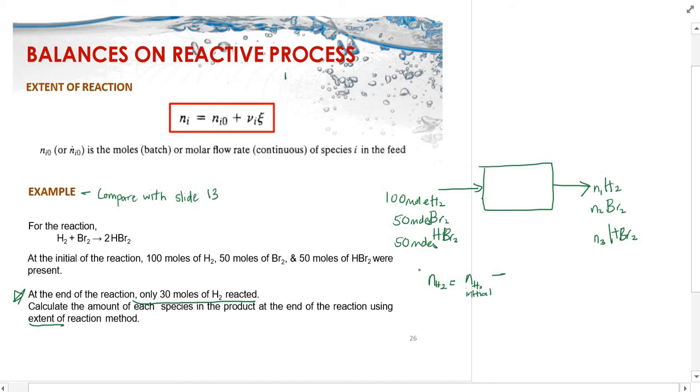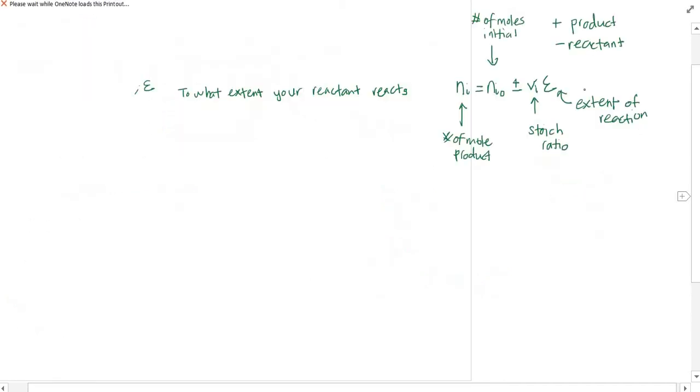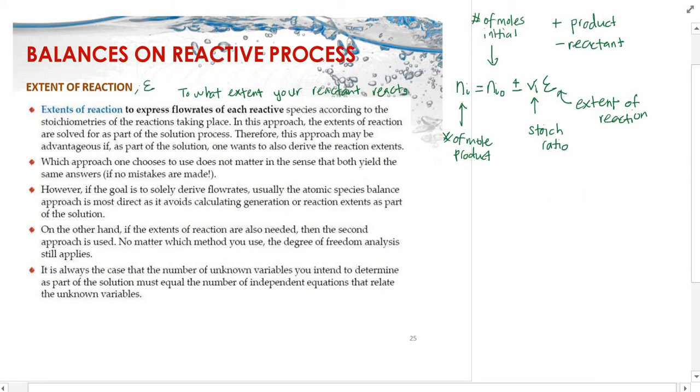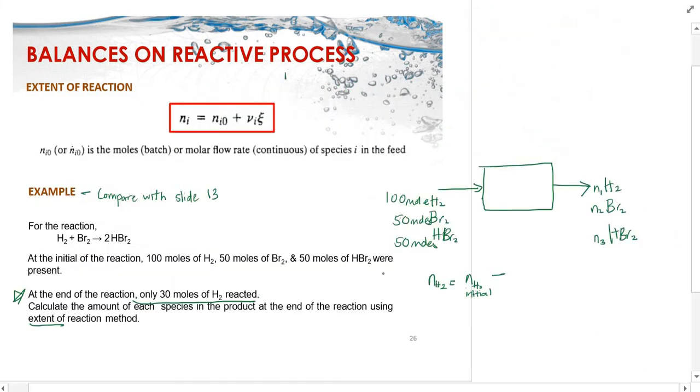Minus, because hydrogen is your reactant: minus if you have a reactant and plus if you are dealing with a product. Minus the stoichiometry ratio of hydrogen multiplied by the extent of reaction.